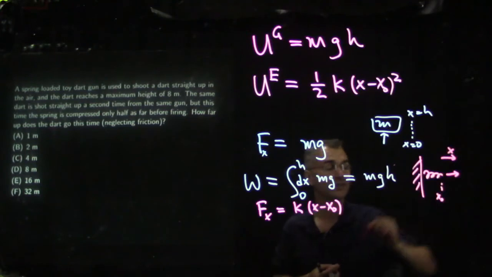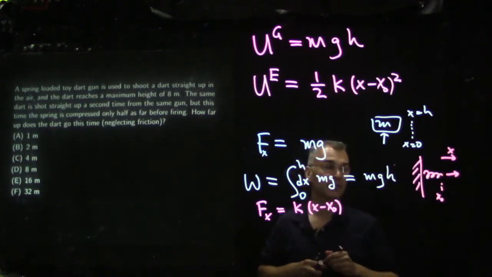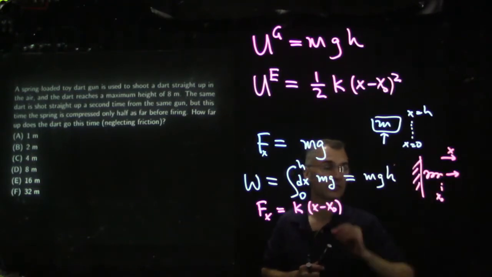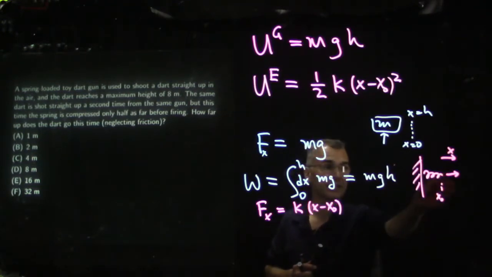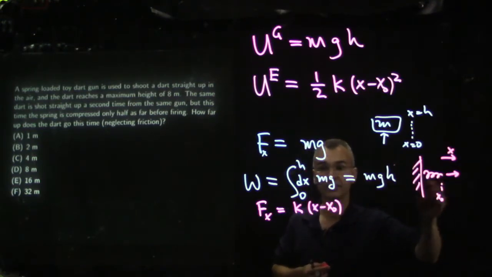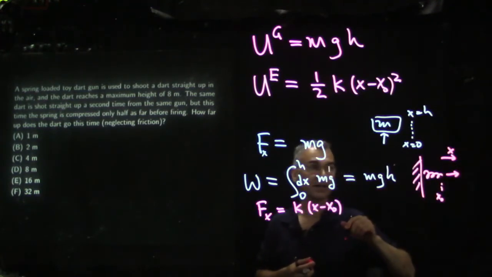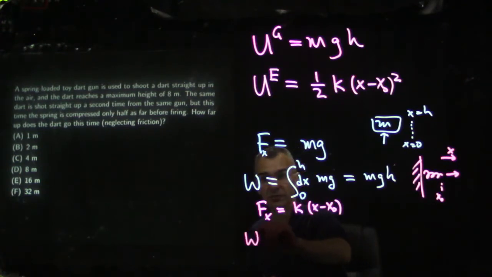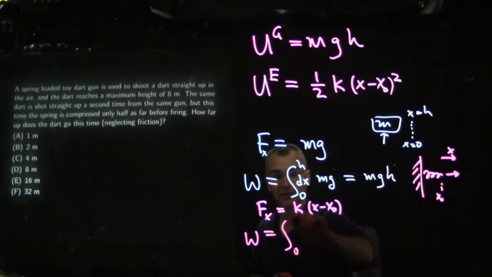We're going to say the x-axis points that way, and we're going to say how much work I do on this system that consists of the spring with my external force that I'm using to pull, in order to extend the spring out to some later position x. Okay, so then I can do a certain amount of work, which is the integral from 0 to, let's call it big X.